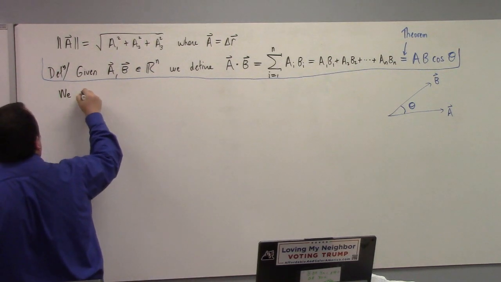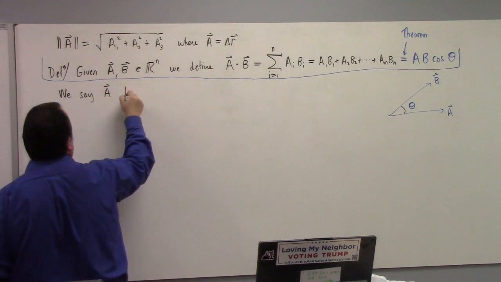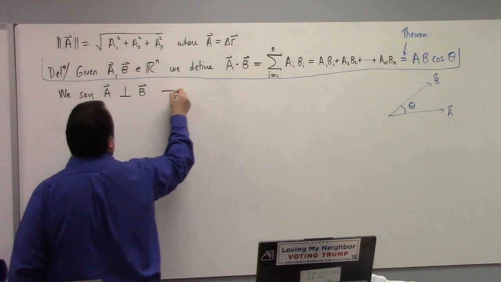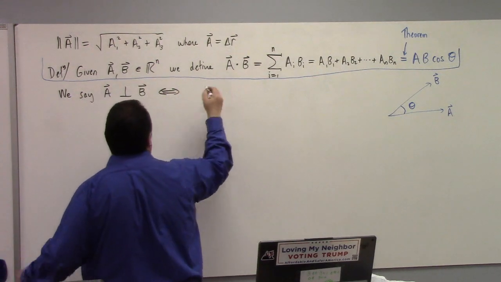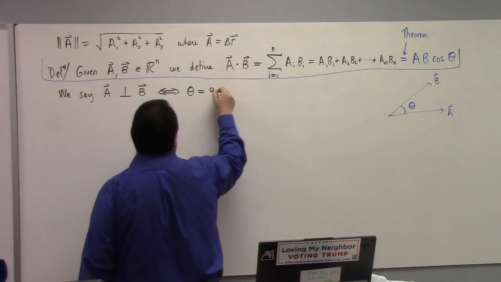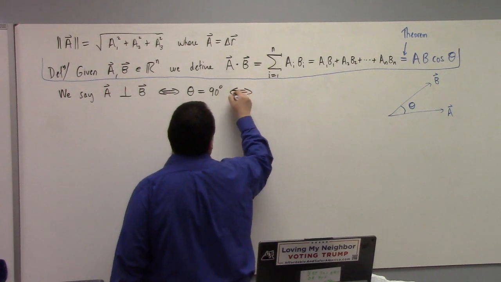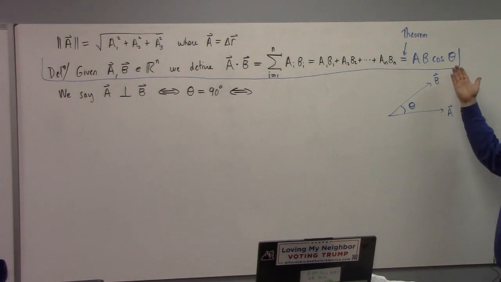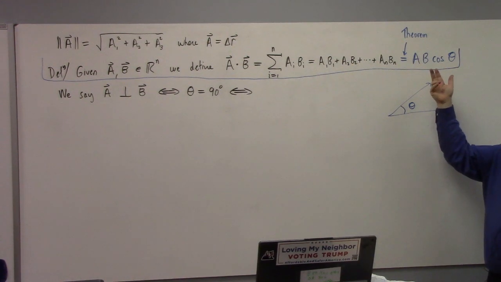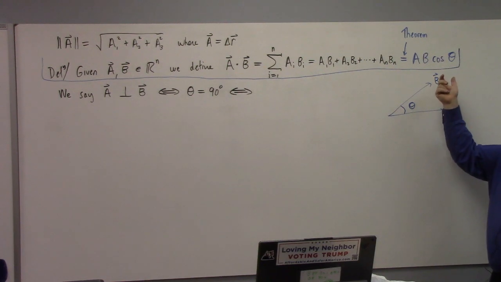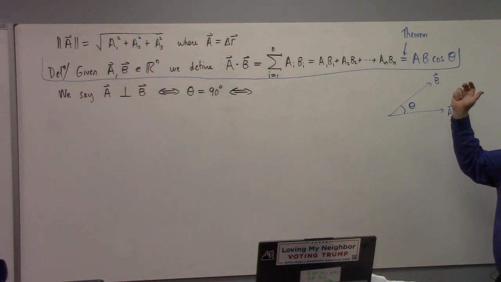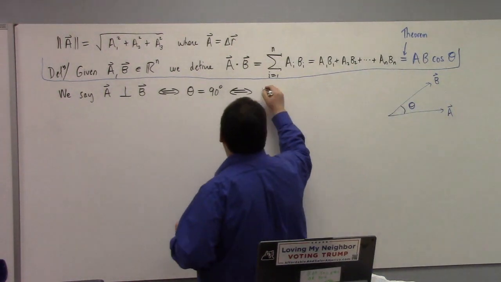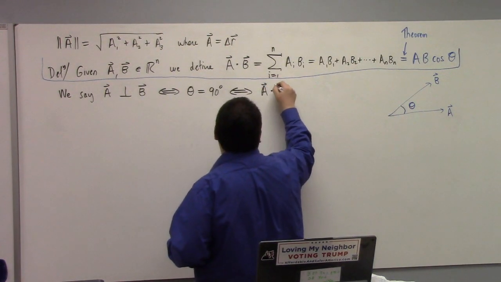We say A is perpendicular to B, interchangeable with the angle between them being 90 degrees. If the angle is 90 degrees and you believe this theorem, what's cosine of 90? It's 0. So if A and B are perpendicular vectors, their dot product is 0. A dot B equals 0.